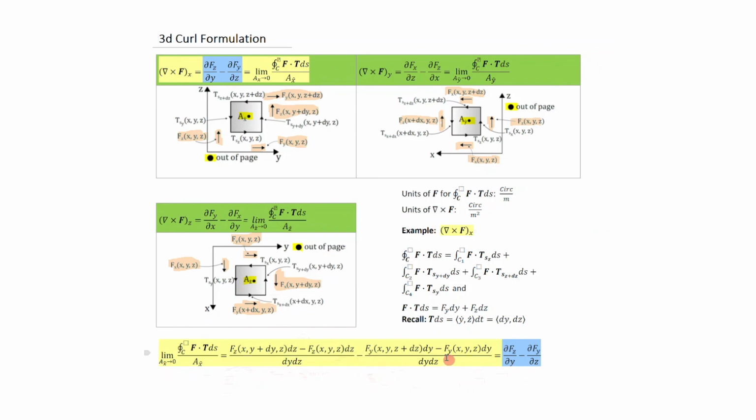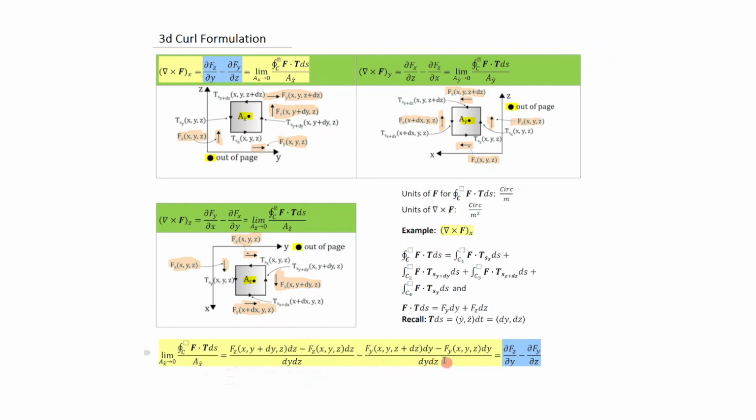For the second term, you can go through the same procedure. In this case, it's z plus dz on one side and z on the other side. In one case, the tangent vector and the field vector are in opposite directions. In the bottom case, the field and the tangent are in the same direction. So you get a positive contribution to the integral here and a negative contribution to the integral here.